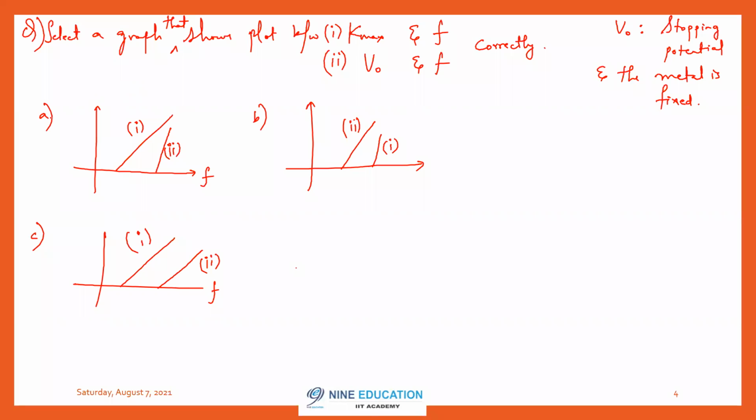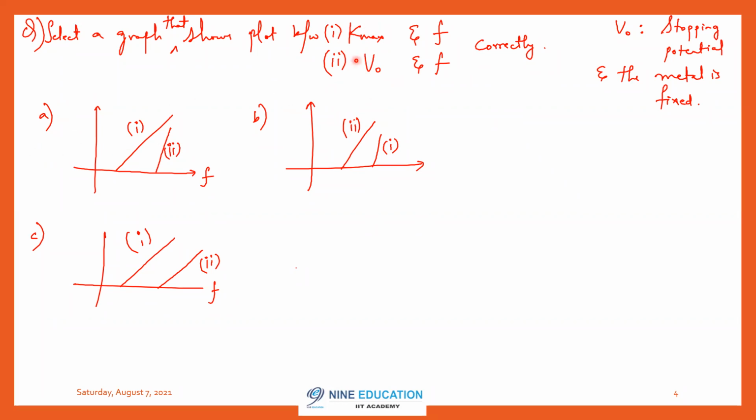See here, on the y-axis there is Kmax or V naught on the same scale, assume. If you plot Kmax as 0.1 joule, 0.2 joule, 0.3 joule, 0.4 joule, like that, then V naught you should plot as 0.1 volt, 0.2 volt, 0.3 volt, 0.4 volt, and so on. Hope you understand that.